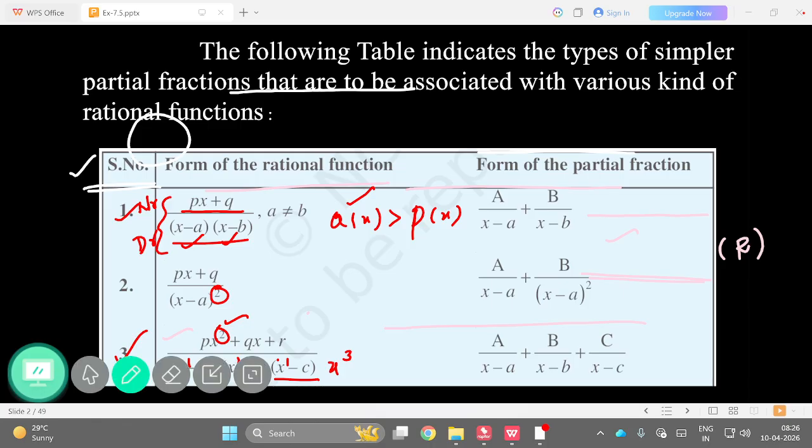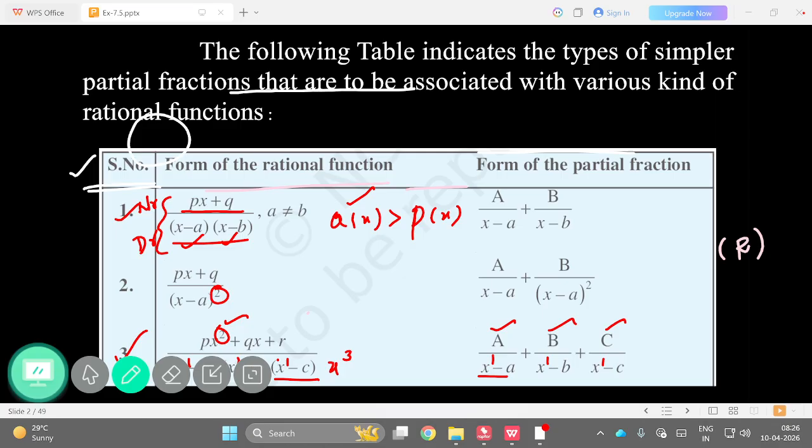Now, whenever you get such a function in terms of different factors, look at this: the denominator has x minus a, x minus b, x minus c, like that. You should separate it as a by, b by, c by, because the power of x is 1 and the factors are different.